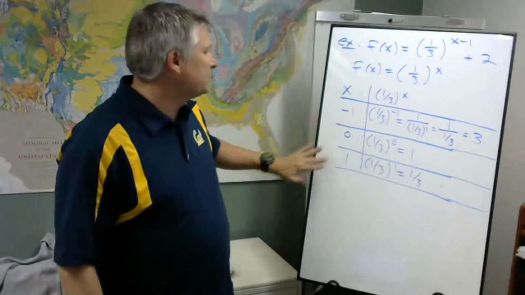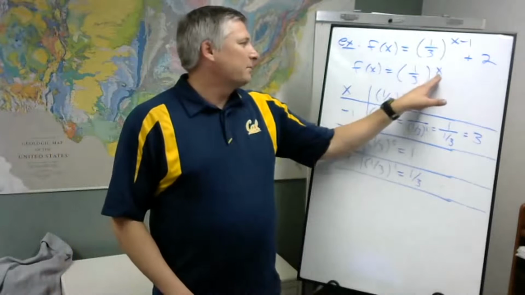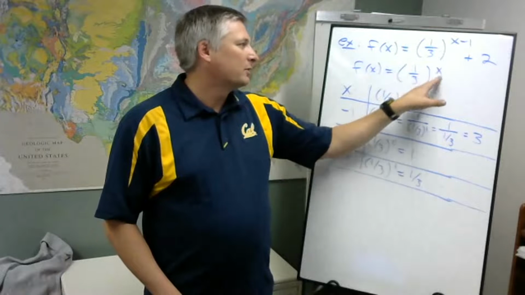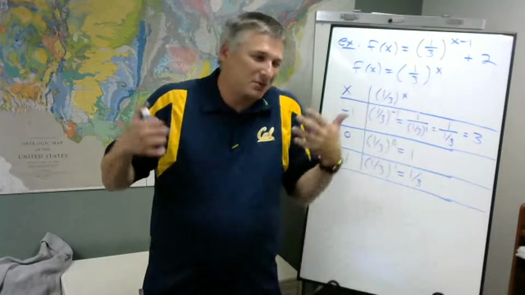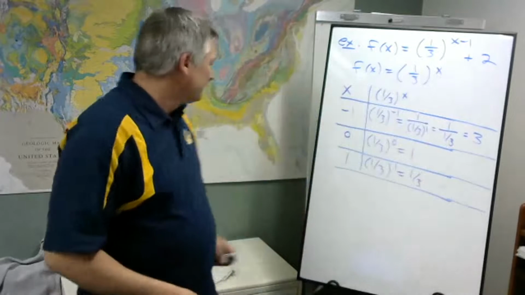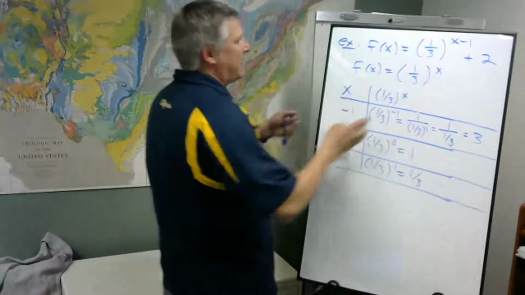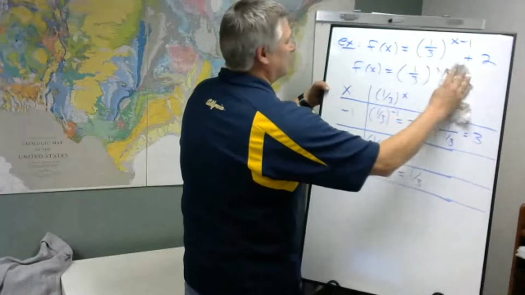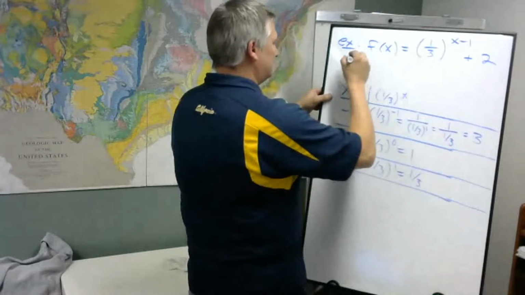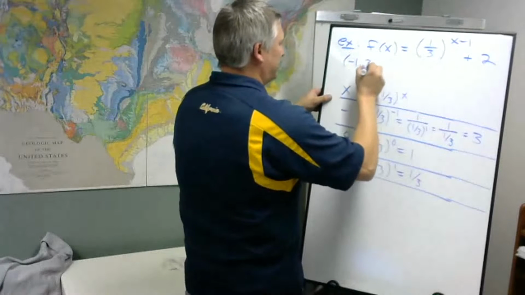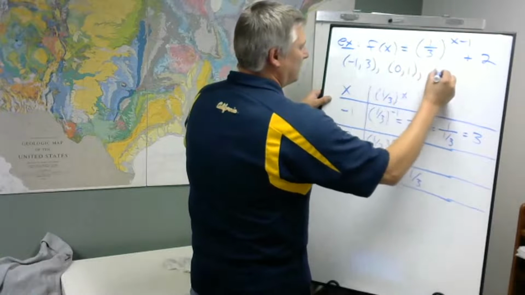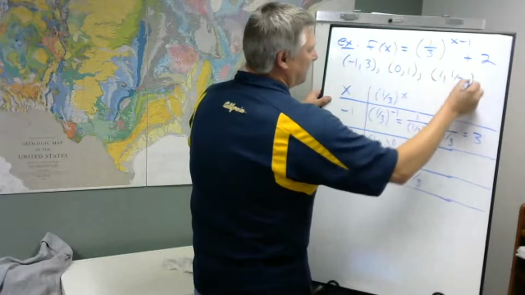If you use these 3 inputs, when it's -1, this will become a 3. When it's 0, you've got a 1. When it's 1, it's just 1/3. And whether you use 1/4 or 1/5, you're going to see the same kind of pattern. So the points that we have are -1 and 3, 0 and 1, and then 1 and 1/3.